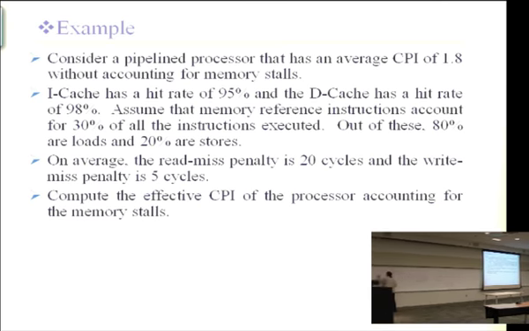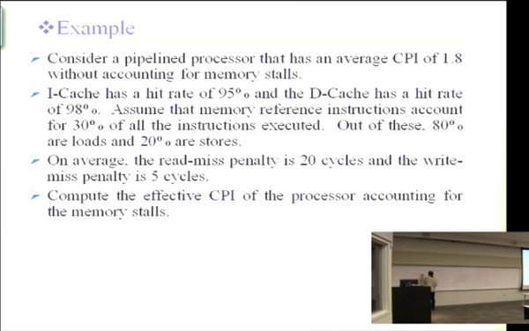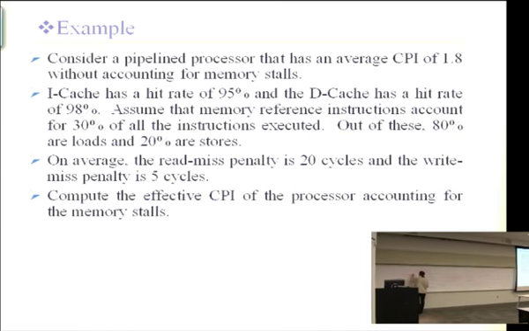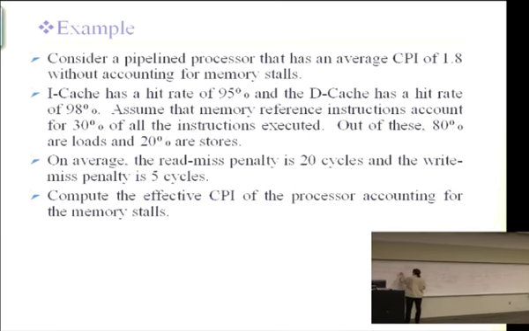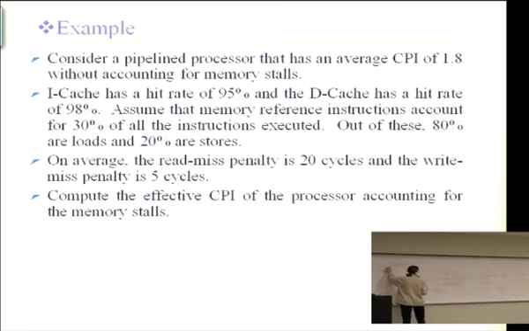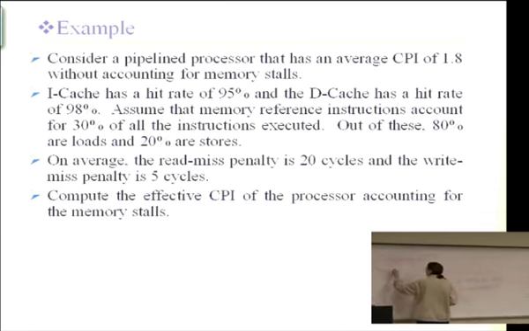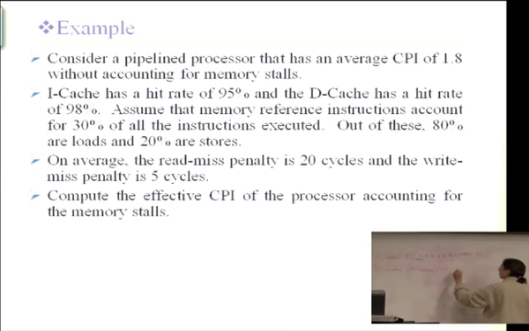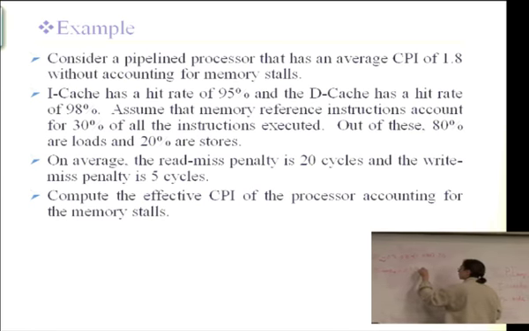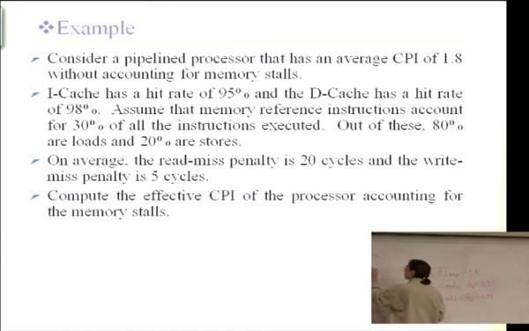Now for write, we have again the same 30% of instructions dealing with the memory. 20% of those are stores. So here we have 0.2. The miss rate is the same for D cache, 1 minus 0.98.